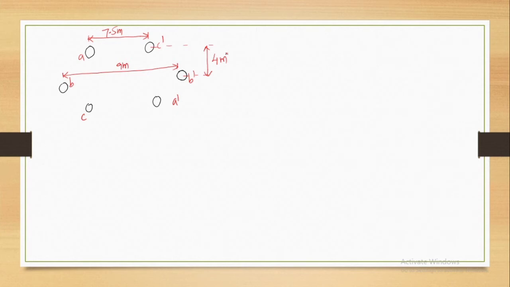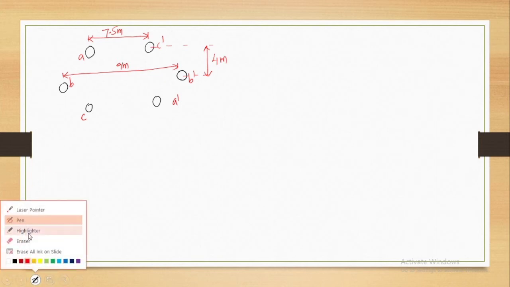What we need to find is inductance per phase per kilometer. First we will find the inductance per phase per meter. Then we can find the inductance per phase for 1 kilometer, right? Now how can you find the inductance?